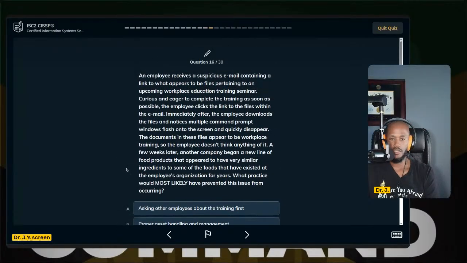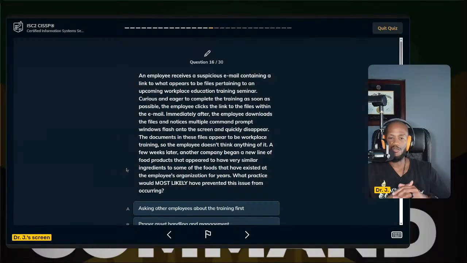Well, I'll read this and then I'll scroll down. All right. An employee receives a suspicious email containing a link to what appears to be files pertaining to an upcoming workplace education training seminar. Curious and eager to complete the training as soon as possible, the employee clicks the link to the files within the email. Immediately after, the employee downloads the files and notices multiple command prompt windows flash onto the screen and quickly disappear.